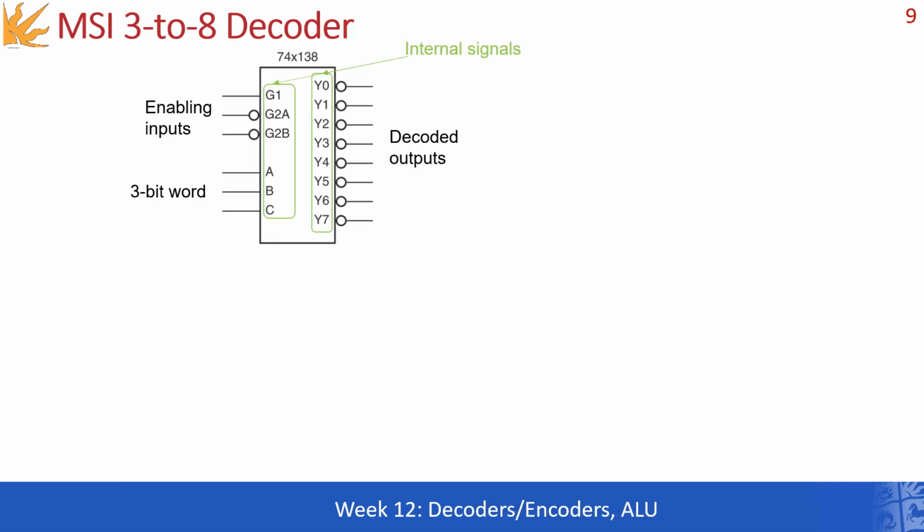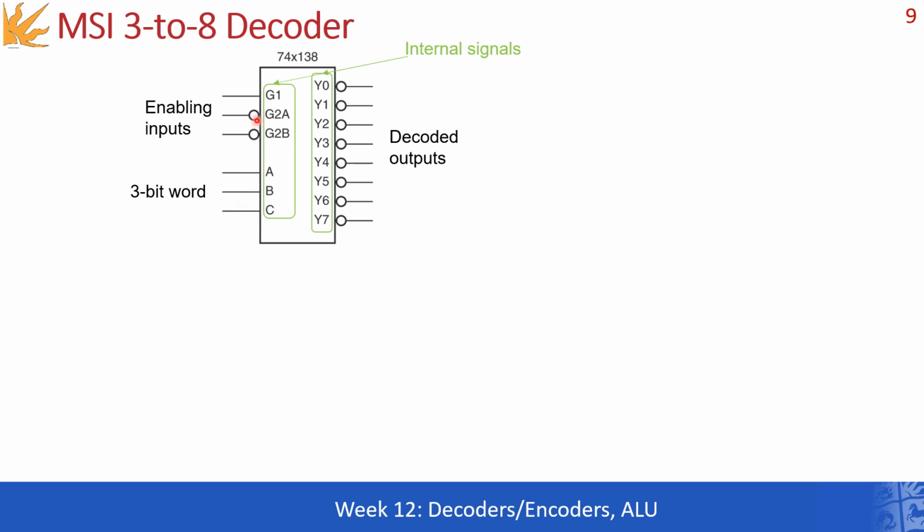Let us now see together an example of an MSI decoder, and more specifically the medium scale integrated circuit 74X138. Notice a few interesting things here. These are the internal signals. Now we have 3 enabling input bits, and we get as input a 3-bit word.